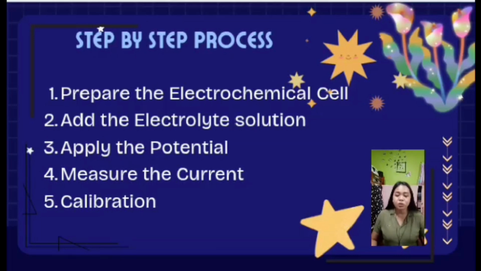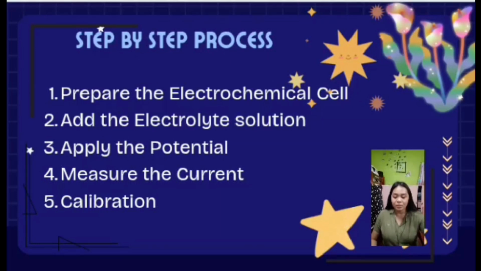Introduce a solution that contains the analyte and supporting electrolyte to ensure good conductivity and minimize migration currents. Third, apply the potential. Set the working electrode potential at a value where the analyte will undergo oxidation or reduction. This potential should be optimized to maximize the response for the analyte of interest while minimizing interferences.